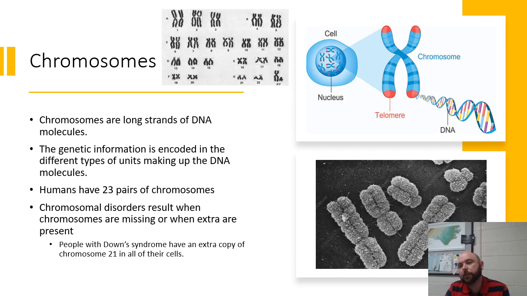However, once we expanded our microscope technology and we started to be able to see smaller and smaller with higher detail of the things that are going on in our cells, we started to evaluate the work that he did and apply it to learn how traits are passed on in living organisms.